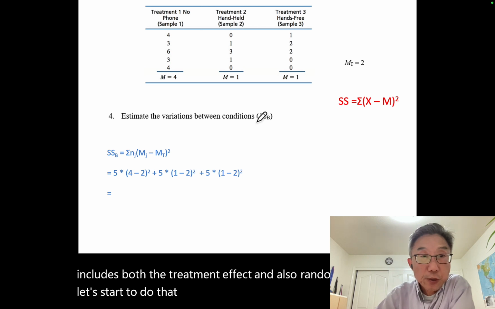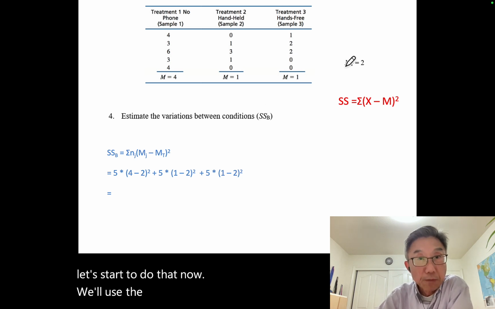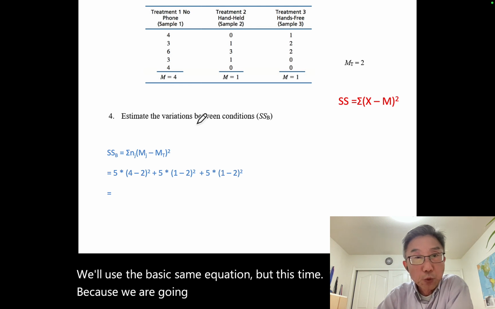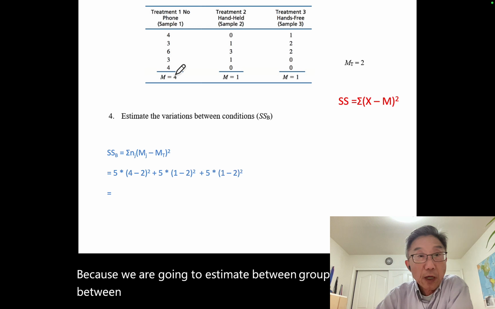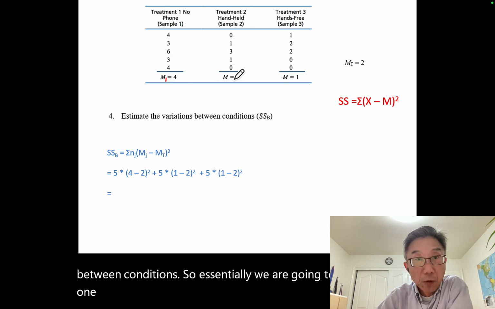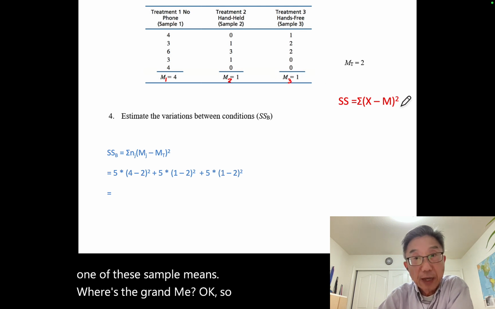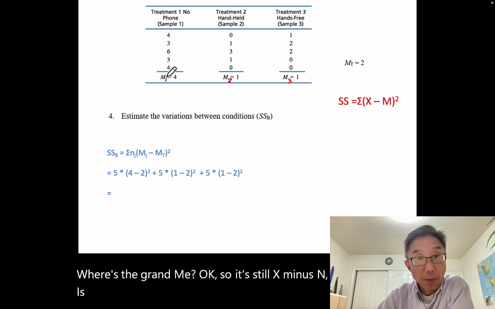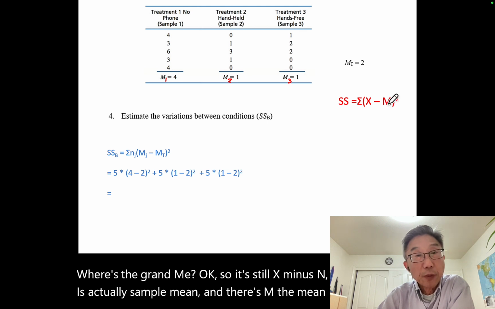Now, we'll use basically the same equation, but this time, because we are going to estimate between group variations, between conditions, we are going to compare each one of these sample means with the grand mean. So it's still x minus m, but the x is actually the sample mean, and the m is going to be the grand mean.